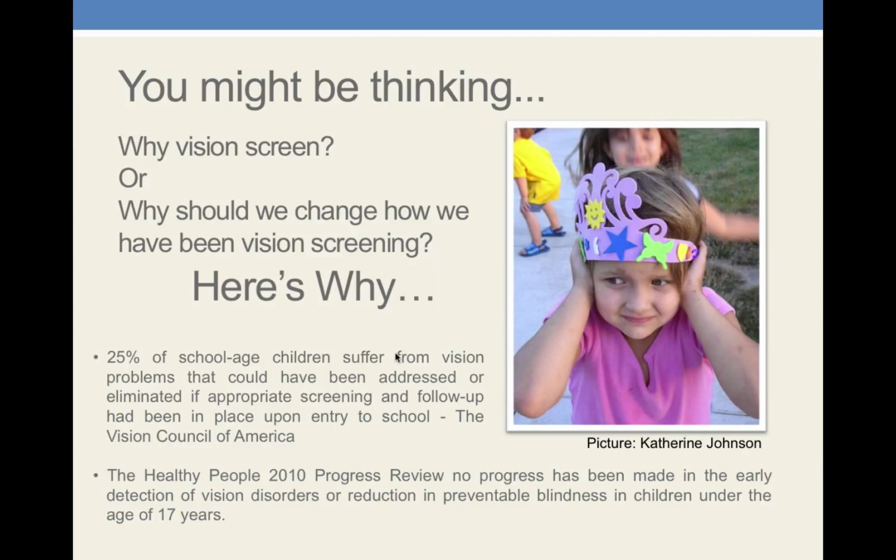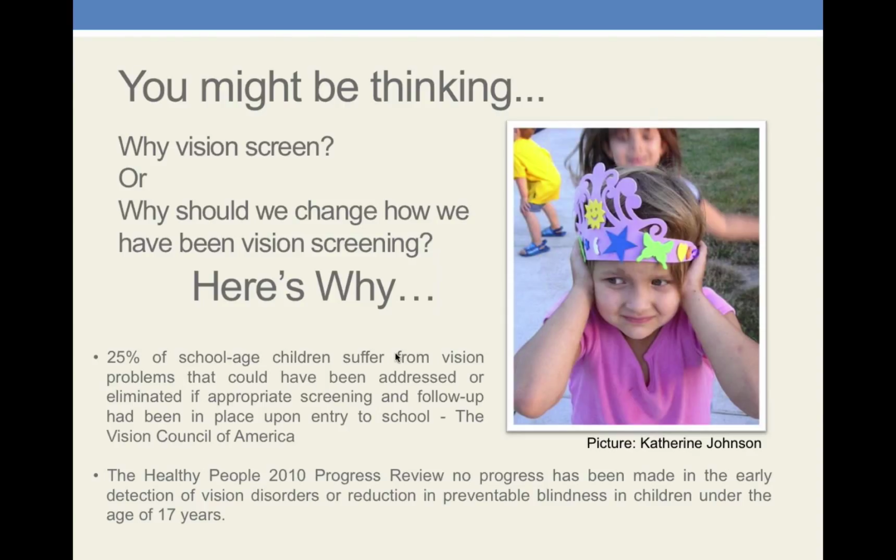But as I'm sure most of you are aware, up to 1 in 4 children have a vision problem. And the real challenge here is identifying the 1 in 4 children that does have a vision problem. Vision problems are not always obvious, as all of you already know.